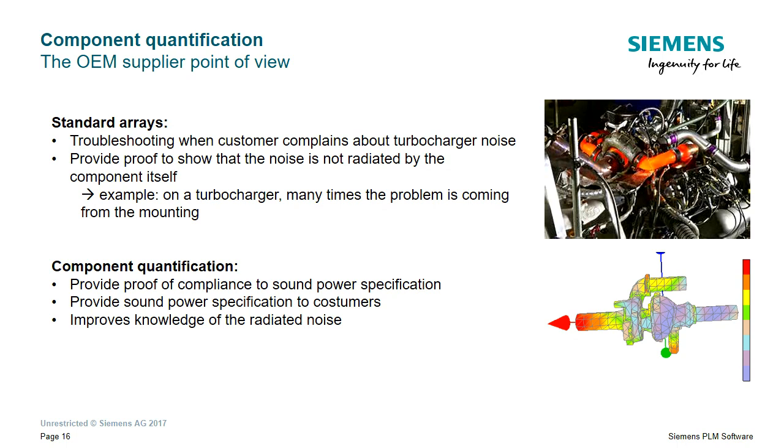And making these 3D plots like you see on the bottom right allows us to show that it's indeed at the tube where there's very high noise coming from, that it's not the turbocharger itself, but it's the way it was integrated. And these studies really improve the knowledge of how this noise is radiated, and they can also prove how the supplier of the components can be compliant to the specification that he got with respect to sound power.